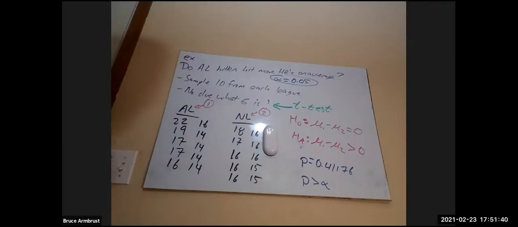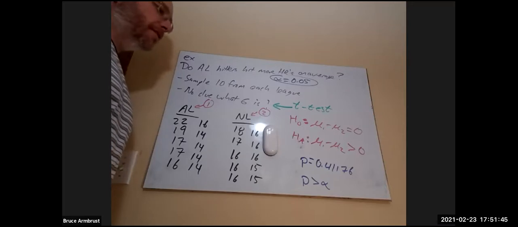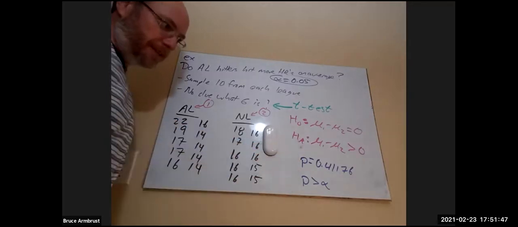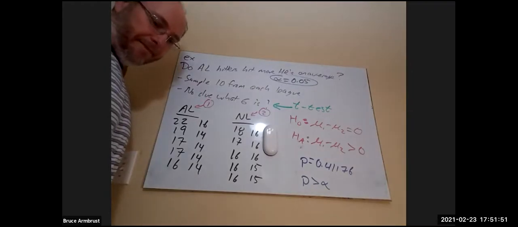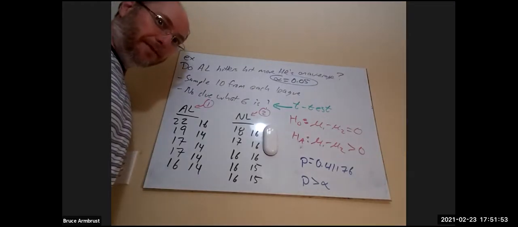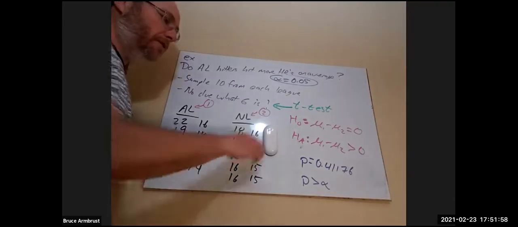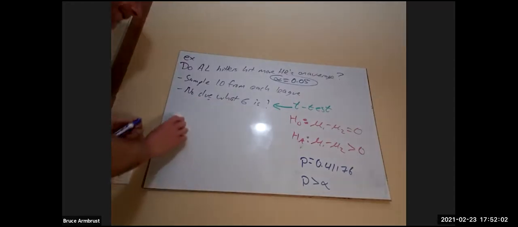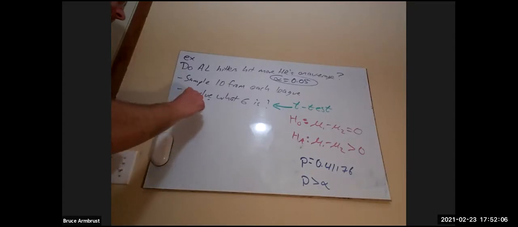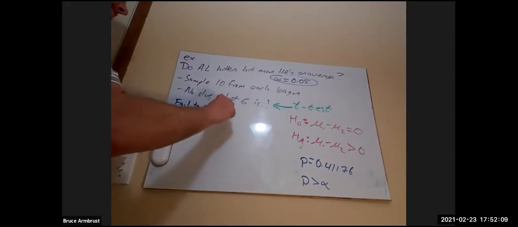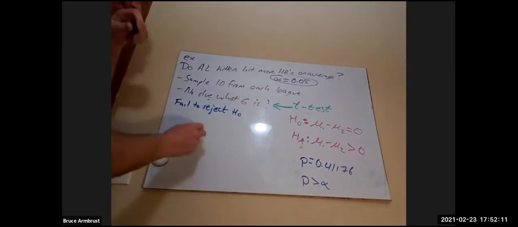This is saying that if the null hypothesis is true, we would get a result like this 40% of the time. Okay, that's really frequent, right? Almost half the time this would occur. So what this tells me then, again, since P is greater than alpha, I'm going to fail to reject H naught.